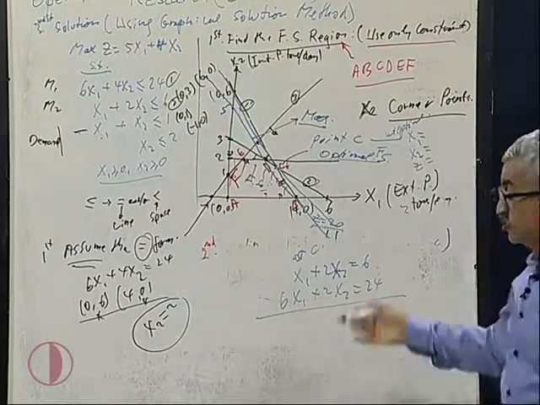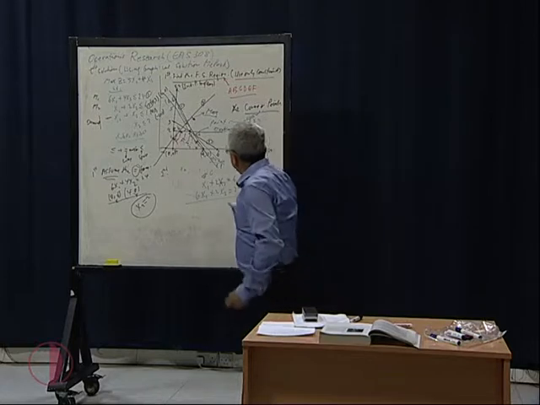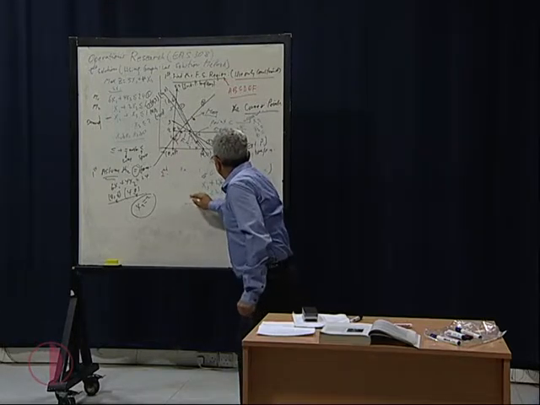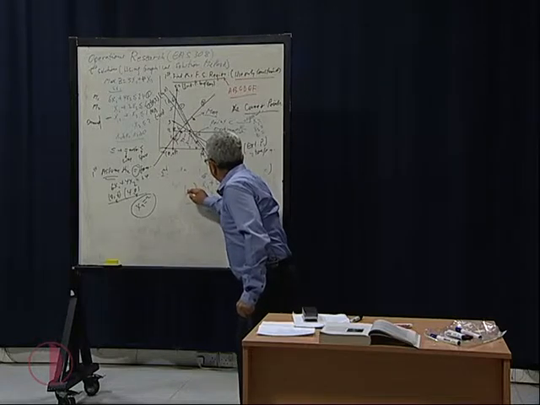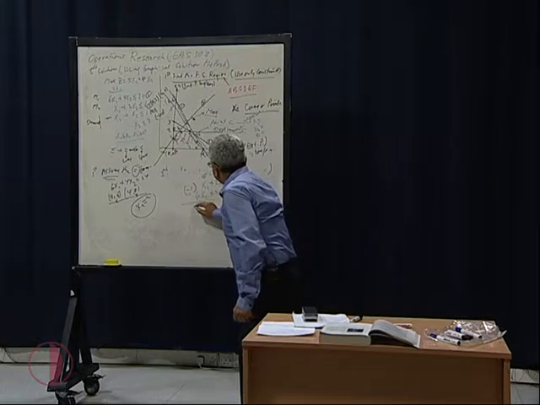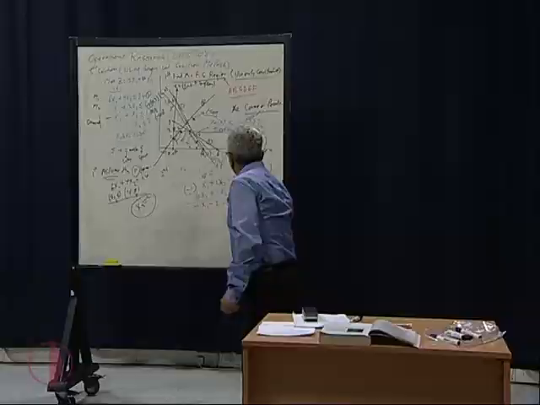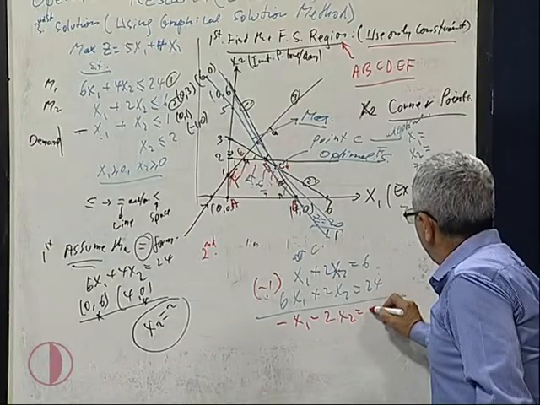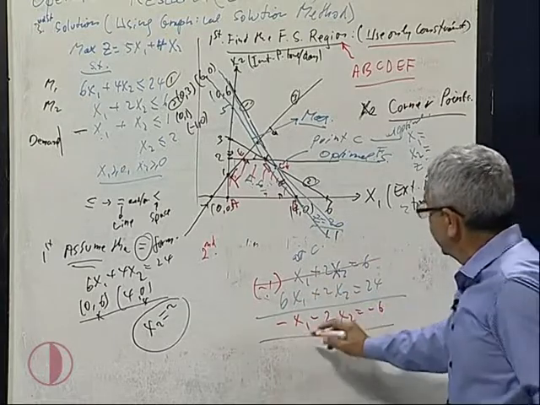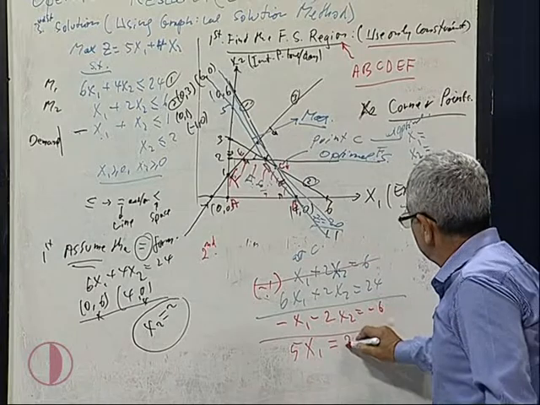How can we use this? We solve them together. How? If we multiply this one by minus 1, both sides, that will be minus x1 minus 2x2 equal to minus 6. And we sum them up.